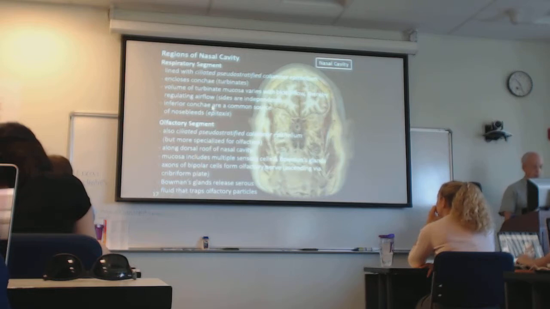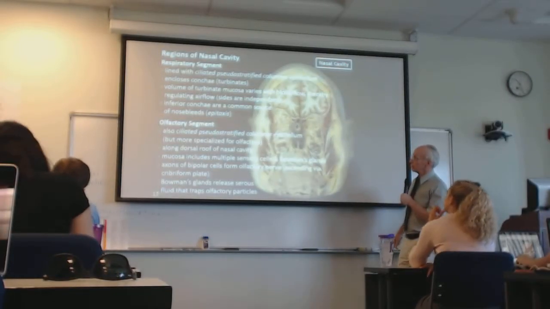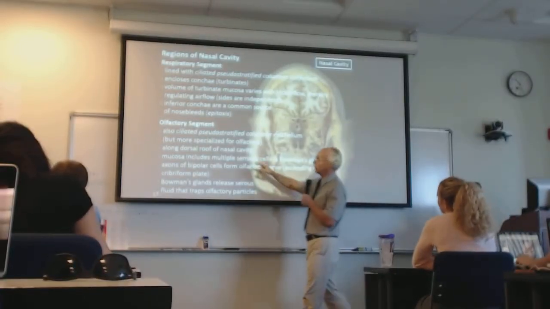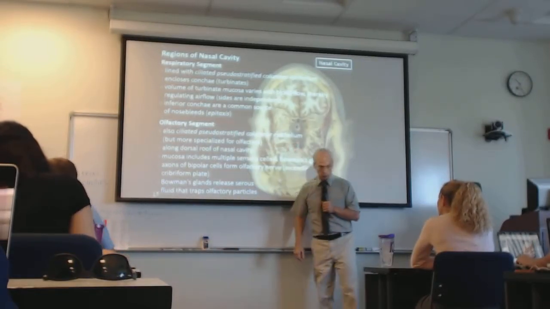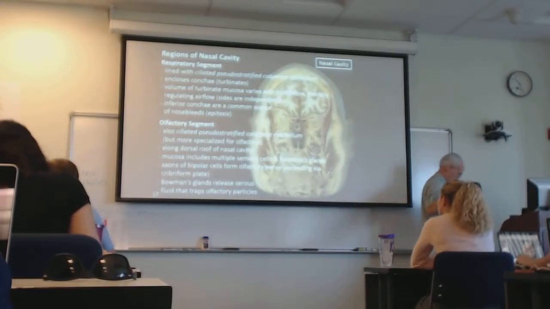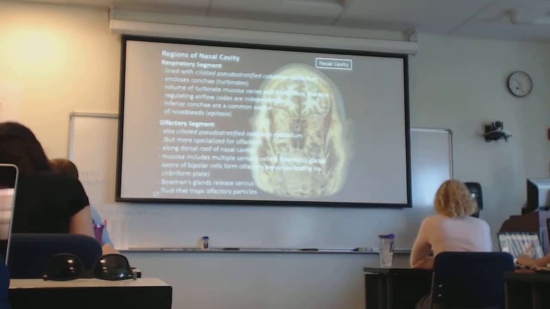So if the mucosa is a variable thickness based upon blood flow, it should not be surprising that there are any number of causes of nosebleeds, everything from dry, insufficient humidity in the air to some dysregulation of blood flow in this region.